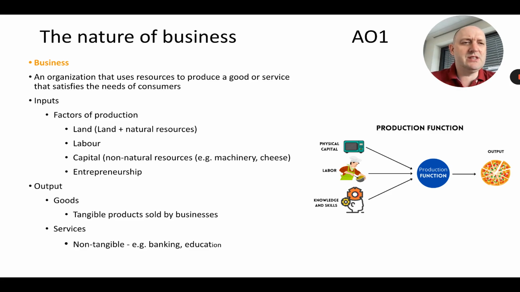Cheese is not something we find in nature, but a cheese company will make that cheese and sell it to another company that uses cheese in their production, such as a restaurant, or in this example, a pizza. And entrepreneurship is when someone collects all these resources together and actually starts a business and takes responsibility for producing that product. We'll talk about that in a minute.